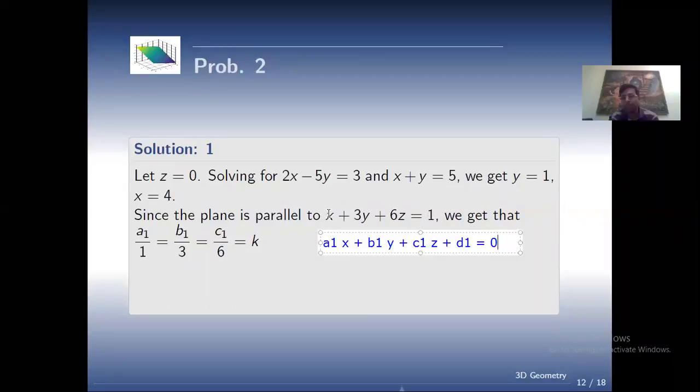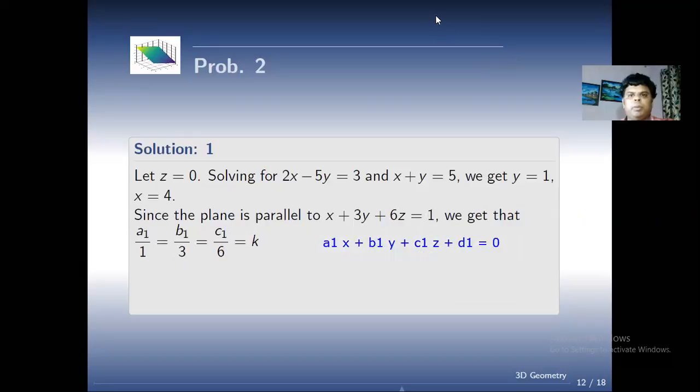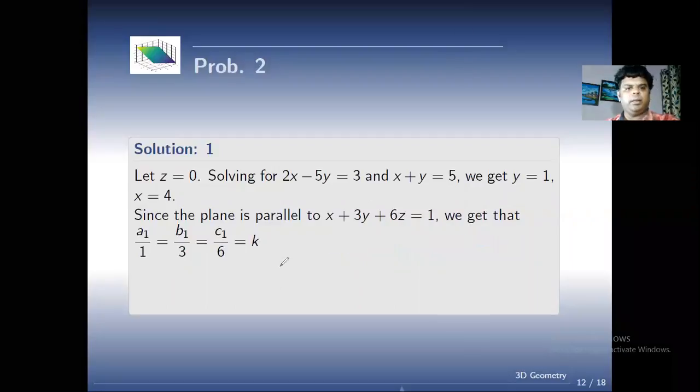So the coefficients must be in the same ratio: a1 by 1 will be equal to b1 by 3, will be equal to c1 by 6, and all of those will be equal to the constant k. Fine. So once I have that, I can go ahead and evaluate what is k.